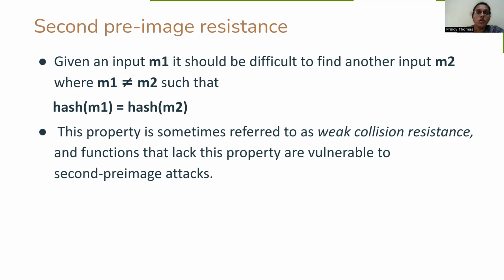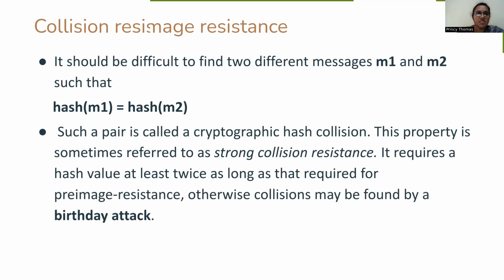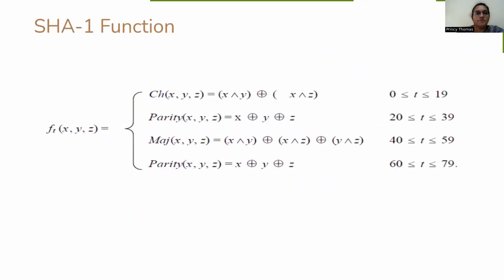So this is also called weak collision resistance. Okay, and then there is strong collision resistance, where it should be difficult to find two different messages M1 and M2 with the same hash. Okay, if there is no collision resistance, then the birthday attack can be used to break the security of the hash.